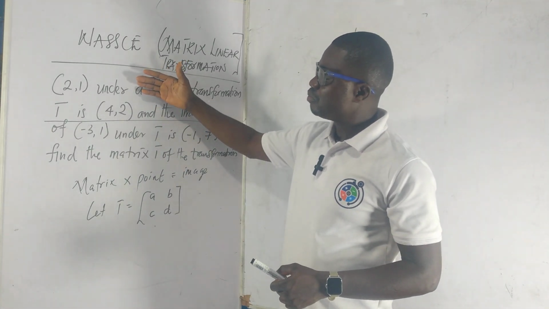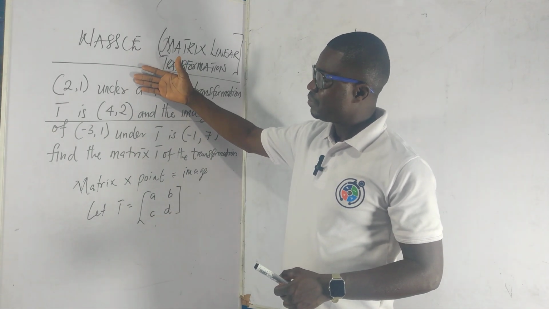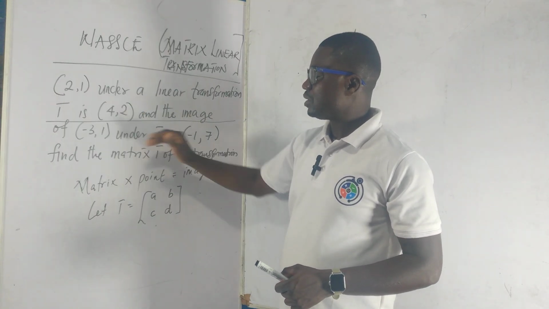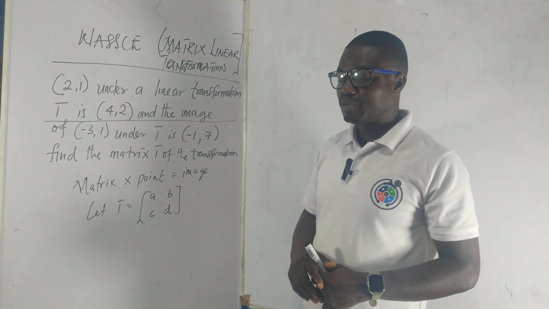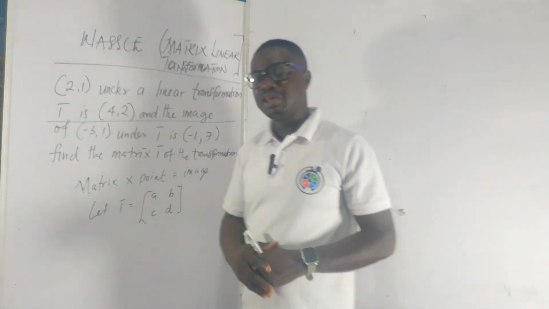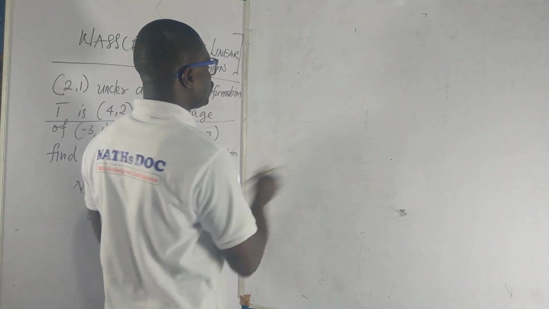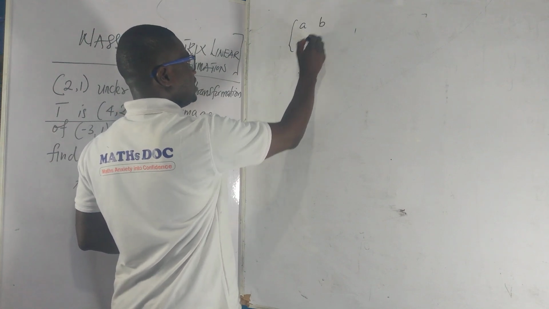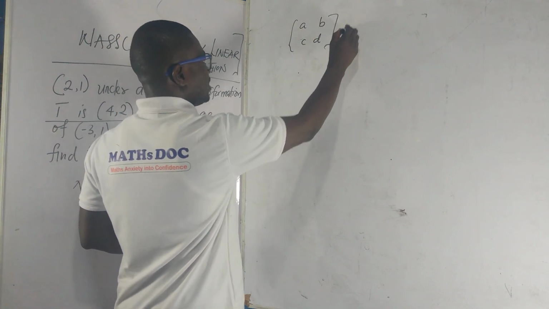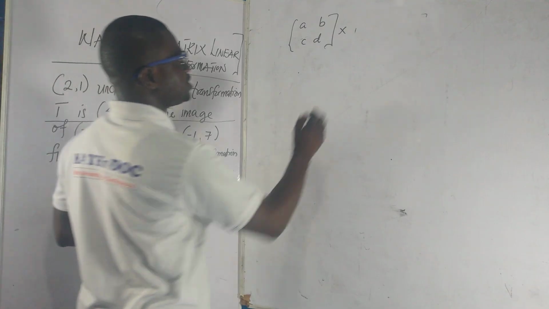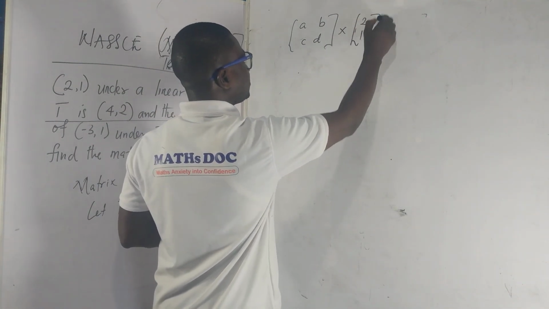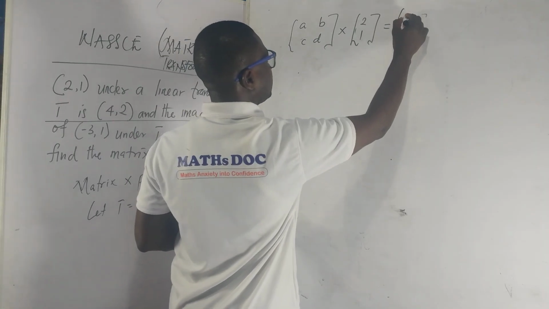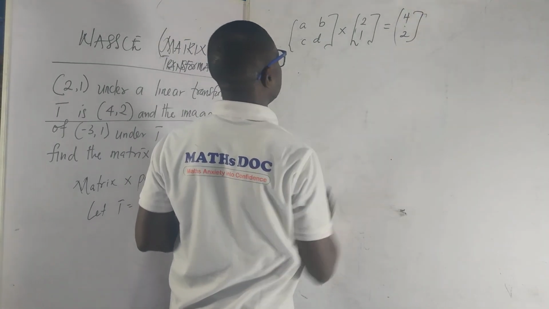Now we have two parts. The first one, (2, 1) gives the image (4, 2), and then (-3, 1) gives the image (-1, 7). So let's write the equation for that. The matrix multiplying, we have [A, B; C, D] times the first point, (2, 1), is equal to (4, 2).